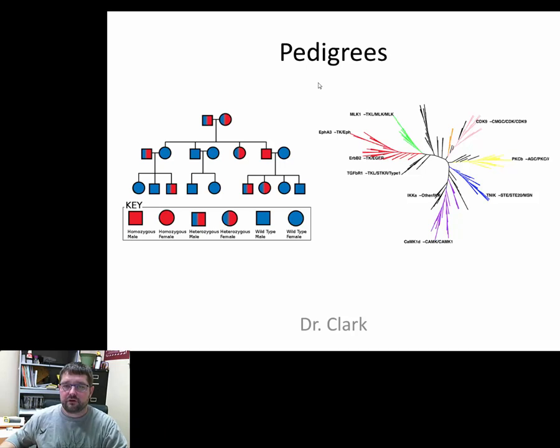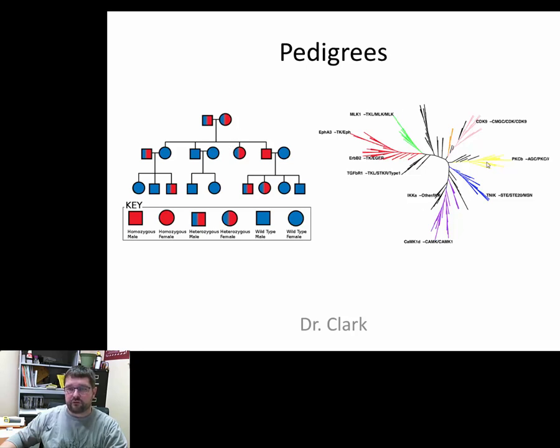I just want to let you know that even though I'm going to present how to read pedigrees, and show you some pedigrees similar to this, in the future these most likely will be replaced with these, or something along that line. These older ones are based on physical characteristics, phenotypes.